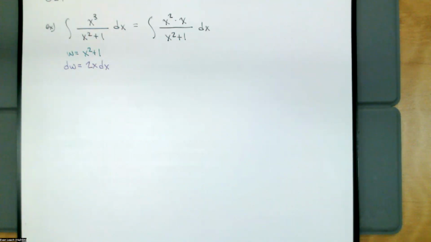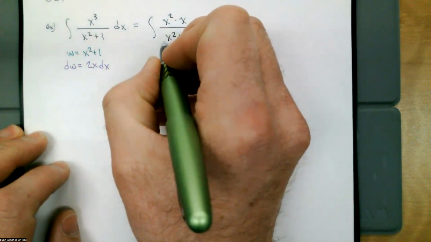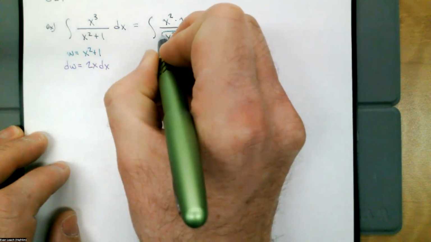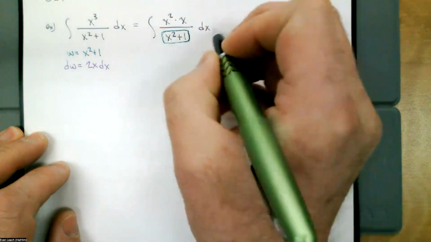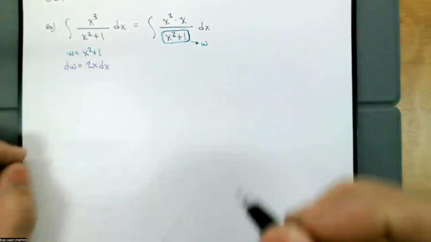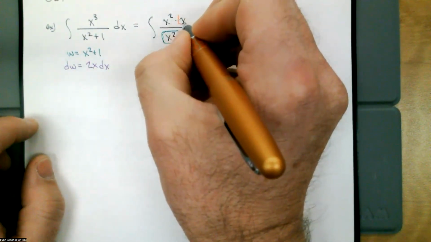The substitution that I want to make is w is x squared plus 1. That's why we're going to be able to do this substitution. One of the x's from the x cubed will be the dw. The other 2, I can just solve and write in terms of w. So down here, the x squared plus 1, this is going to be my w. That was the original idea, the concept for this whole problem. This x dx, all that is going to be a 1/2 dw as normal.